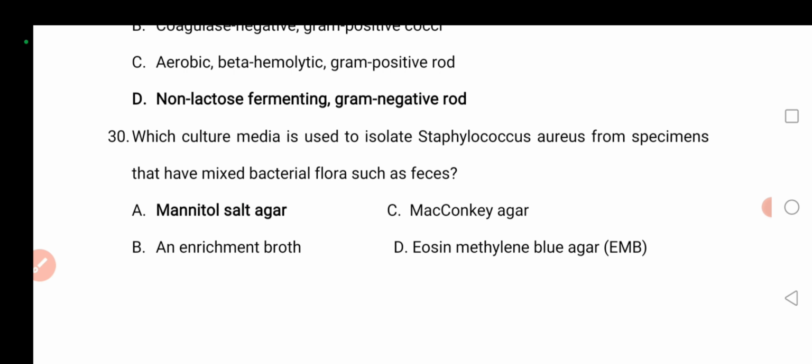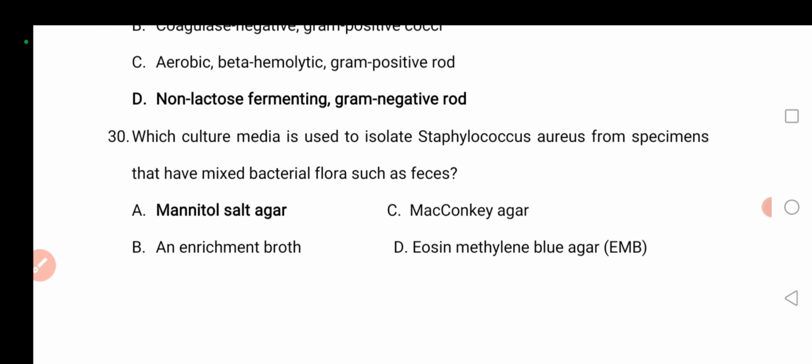The high salt will inhibit growth of most non-target bacteria, different bacteria such as E. coli. And it also has what? A pH indicator, which allows us to visualize and differentiate Staph aureus from other organisms.